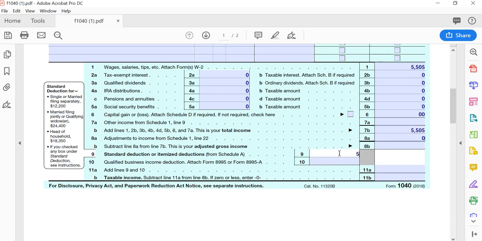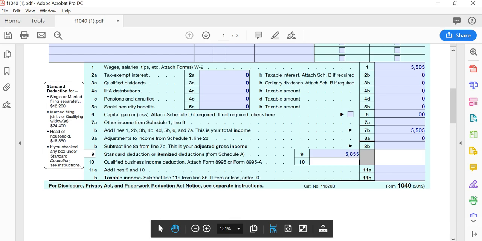That would give us 5,800 and that would give us $5,855. For 10, we have no qualified business deductions.